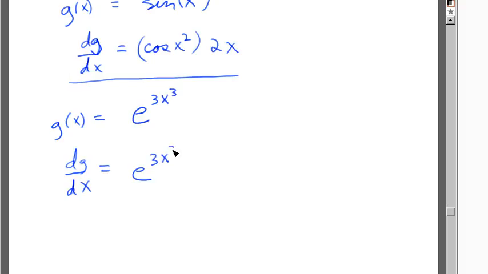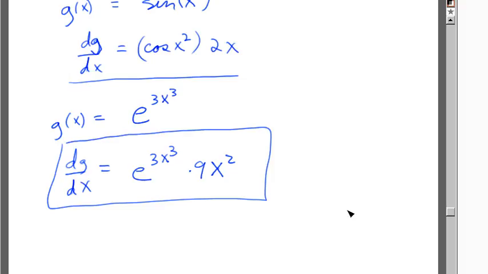So I'll just write down the exponential function of its argument, and then times the derivative of the argument. The argument itself is a function, and let's say we bring down that 3 times 3, we get a 9. So it would be times 9 times, we'll lower that by 1, so we get a 2, so it's 9 times x squared, as our dg by dx.